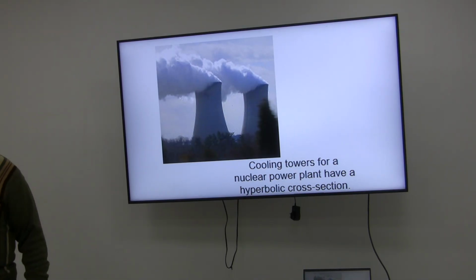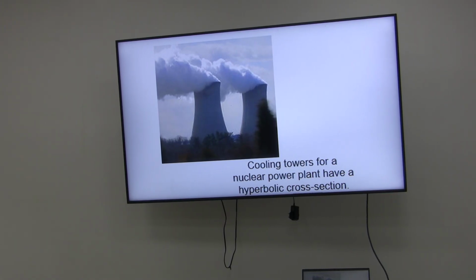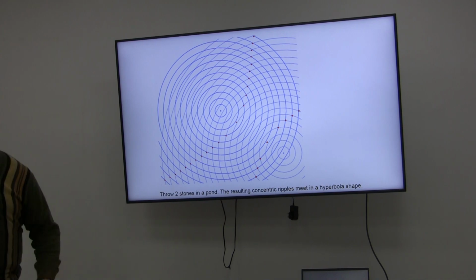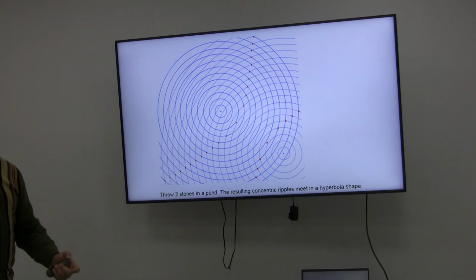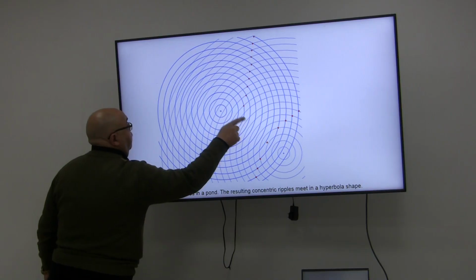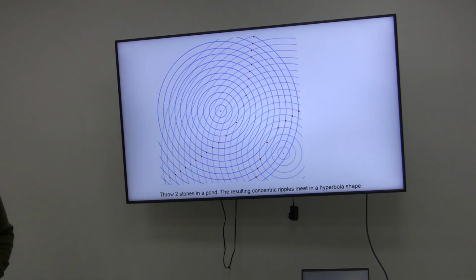The shape of a hyperbola actually affects plenty of things. For example, the cooling towers of a certain nuclear power plant take the shape of a hyperbola, as you can see. Also the ripples of water: if you try to drop two stones at the same time in a lake or a pool, the intersection points of the circles around each one of them will also form the shape of a hyperbola.